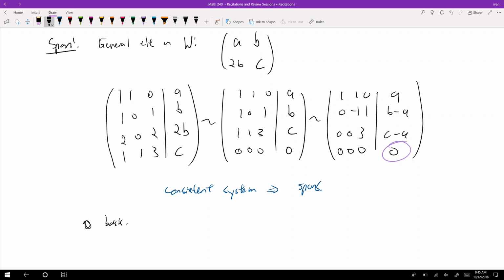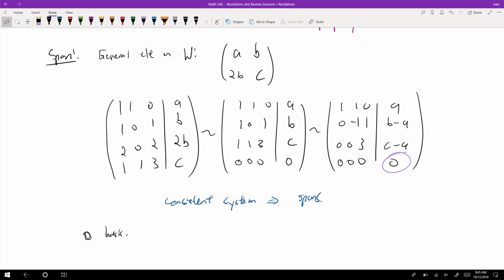Yeah? Could you also say that because you can move A, B, and C, you have 3 different dimensions? Because those are 3 independent elements, so the dimension is 3 here. Is that a valid argument?